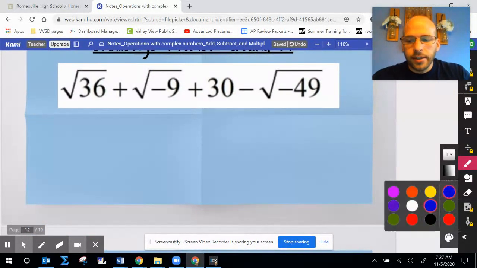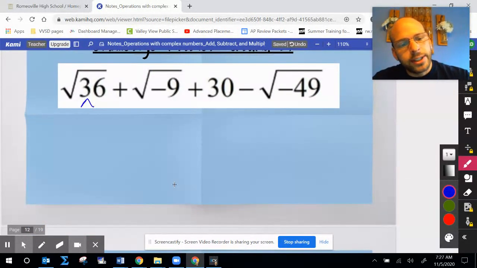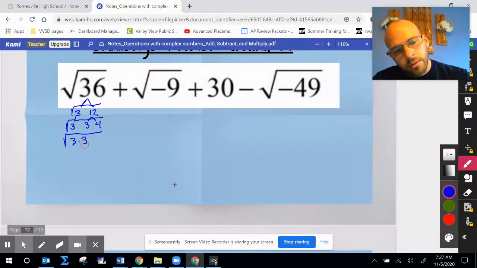Okay, same idea. So I'm going to break down 36. Let's say 3 and 12. Then 12 can be 3 and 4. And I can actually break down that 4 a little bit more to be 2 times 2.